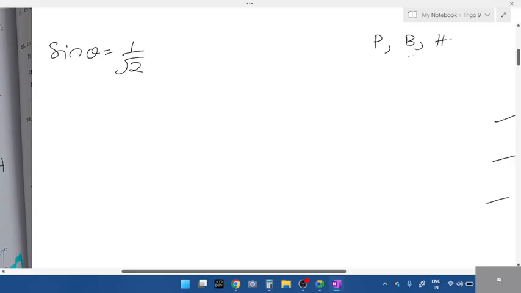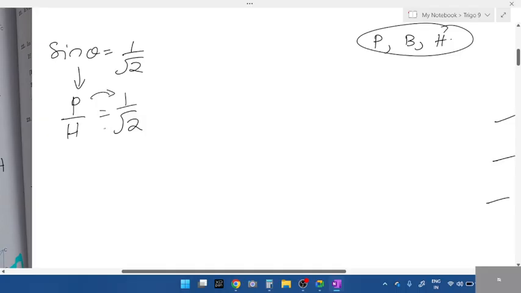Everything is related to only these three, right? Whenever they give sine theta and tell you to find other values, what is the sine formula? Yes, write it as P by H. What is P value? 1. What is H? Root 2. What is missing? P is given, H is given, B is missing.